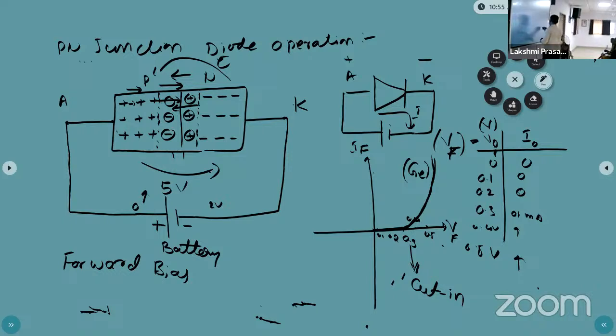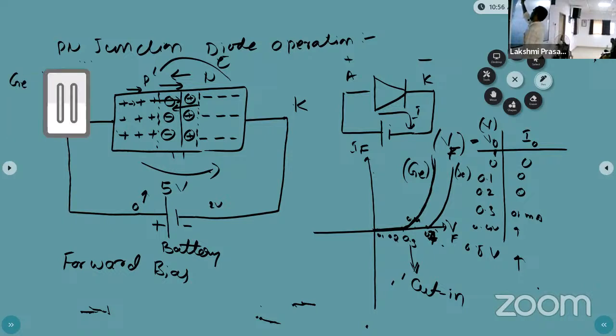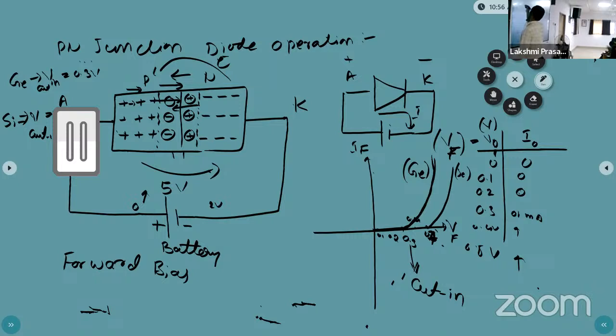Another semiconductor we usually use is silicon. The silicon cut-in voltage is 0.7 volt. I will write it: the germanium V cut-in is 0.3 volt, and the silicon V cut-in is 0.7 volt.